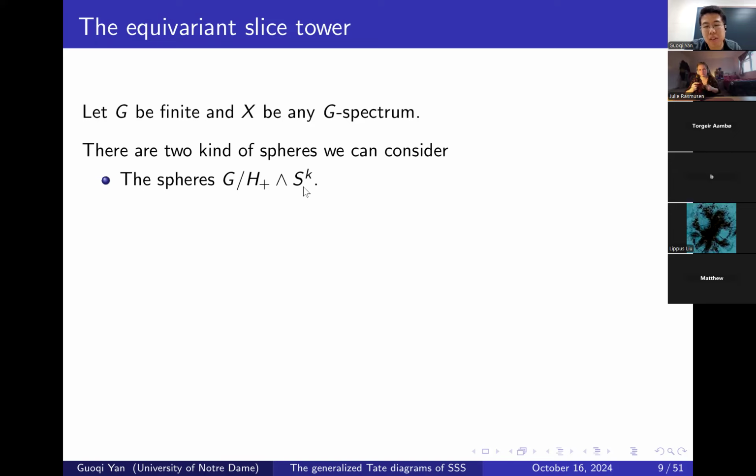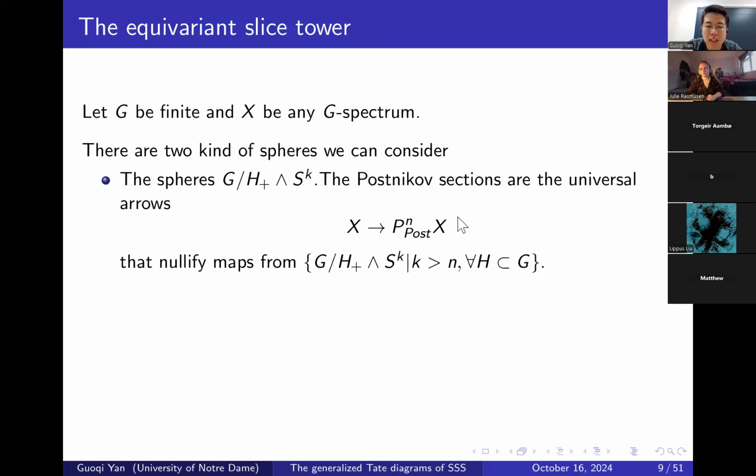So it is actually a bunch of spheres permuted by G. And this kind of sphere is what we use to build G-CW complexes or G-CW spectra. And the Postnikov sections are the universal arrows that kill maps out of this kind of sphere. So this is an equivariant version of Postnikov section.